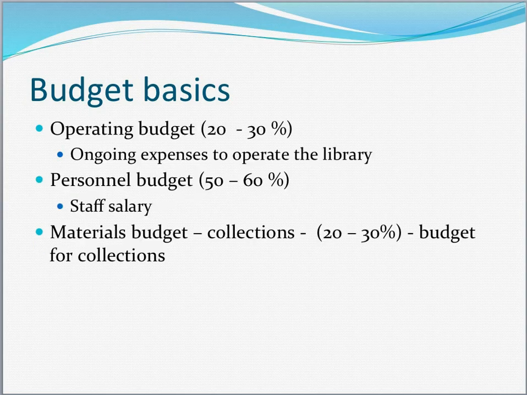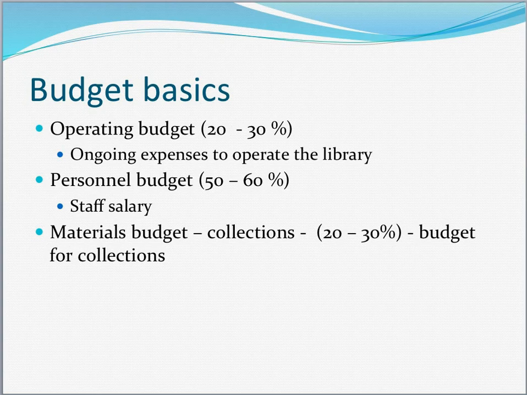Budget basics, and this is operating, and here we have how we allocate our budget. These are only examples, these are guidelines. Every library is different, but in general terms we can say that between 20 and 30% goes for the operating budget, that is ongoing expenses to operate the library.